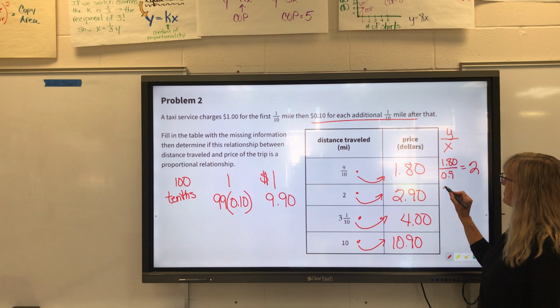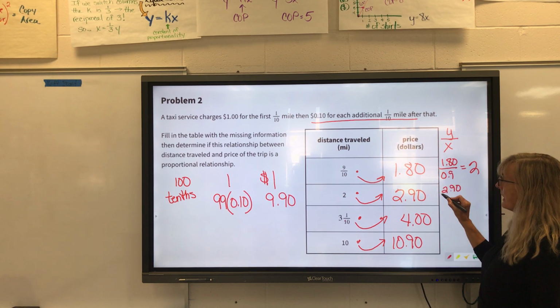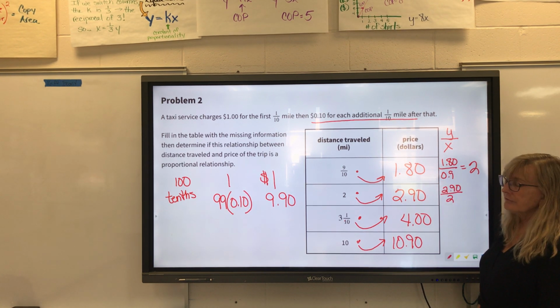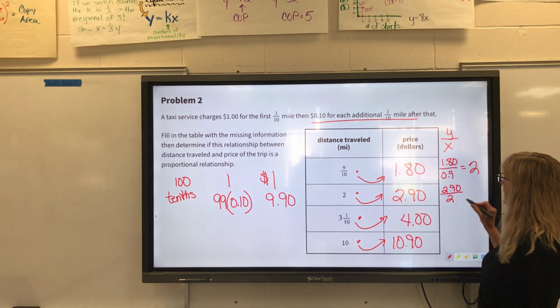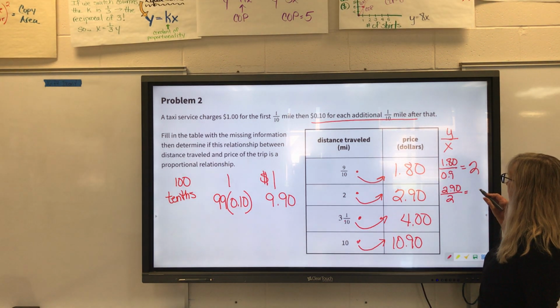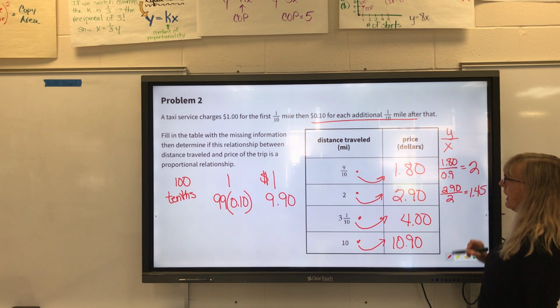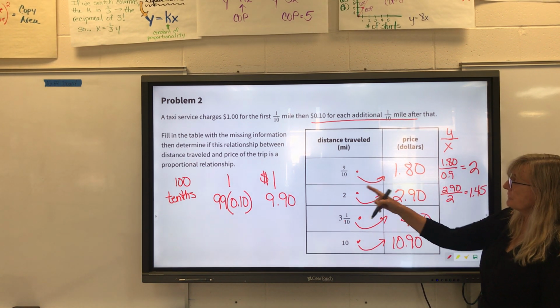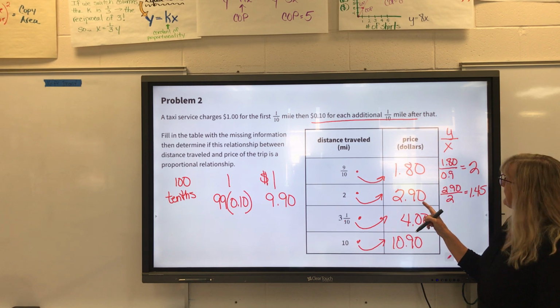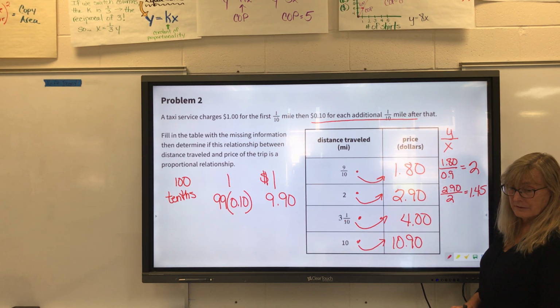Now we're going to take $2.90 divided by 2 to find out how much 1 mile costs here. What do you get? 1.45.